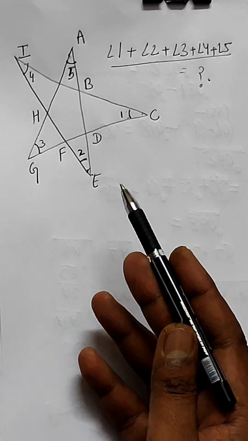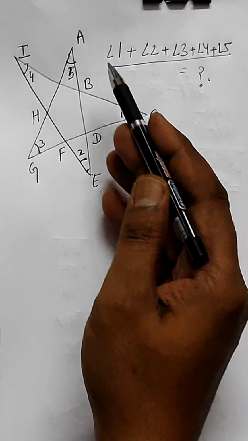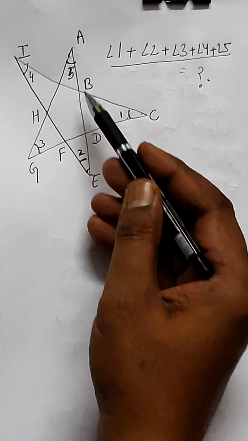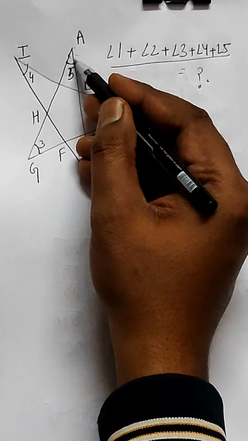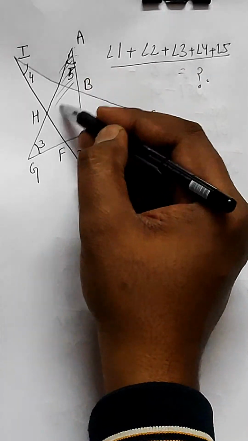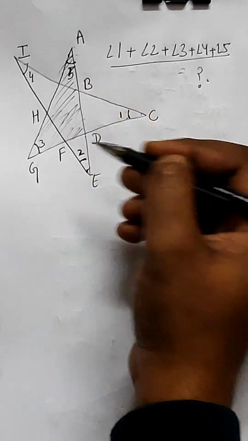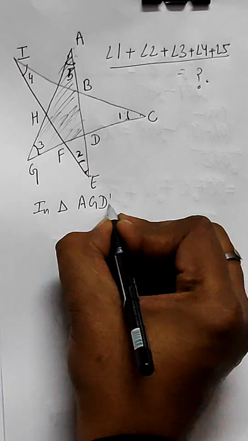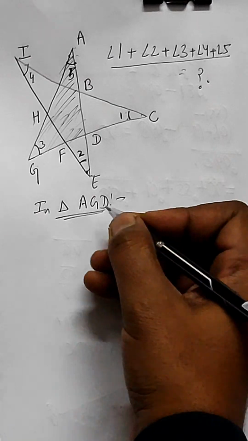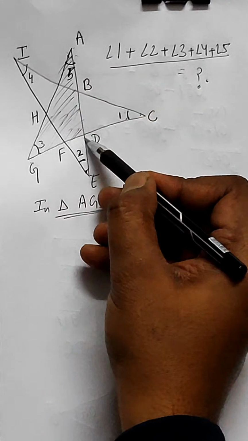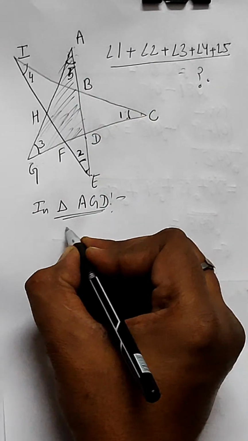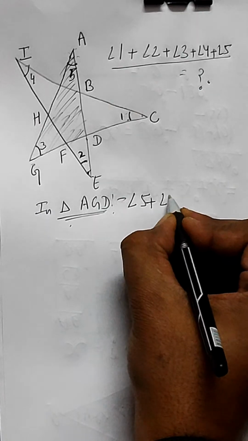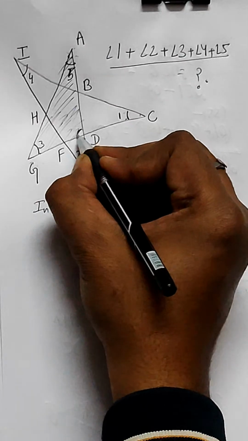So in triangle AGD, this one, what happens? In triangle AGD, we can say that angle 5 plus angle 3 plus this angle.